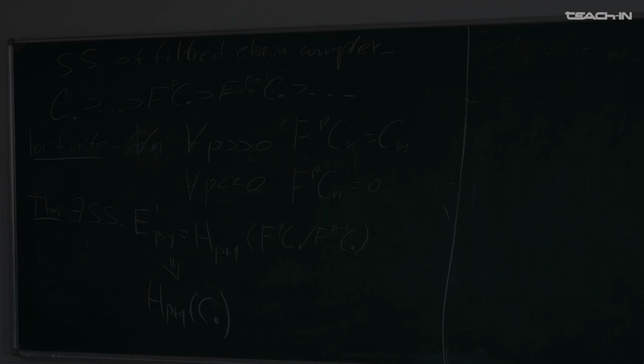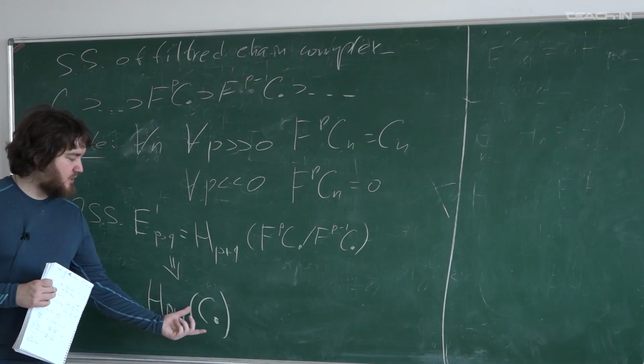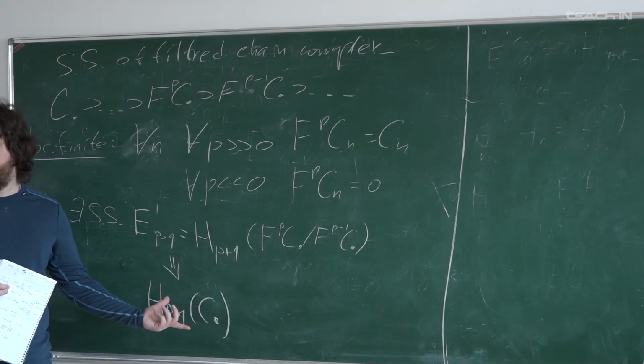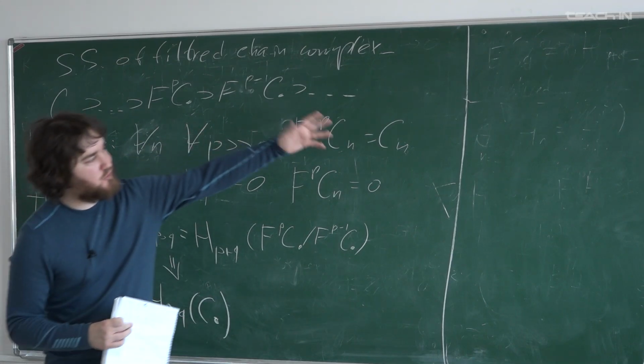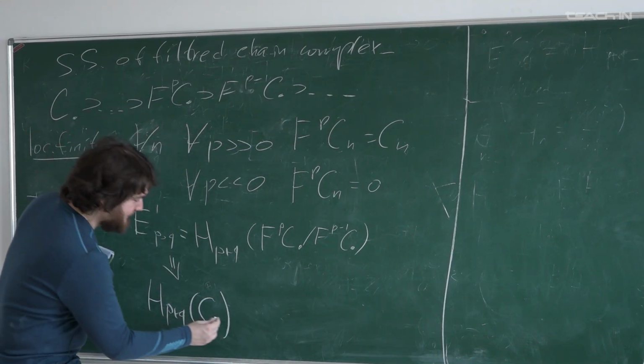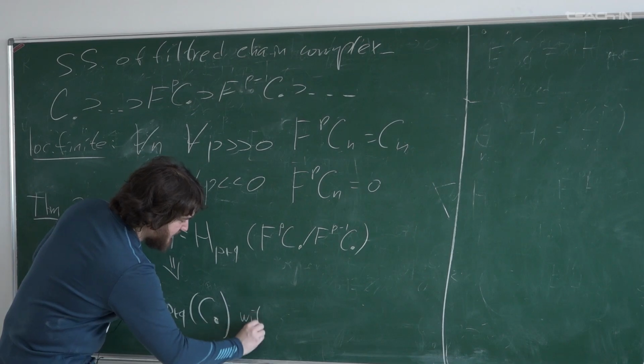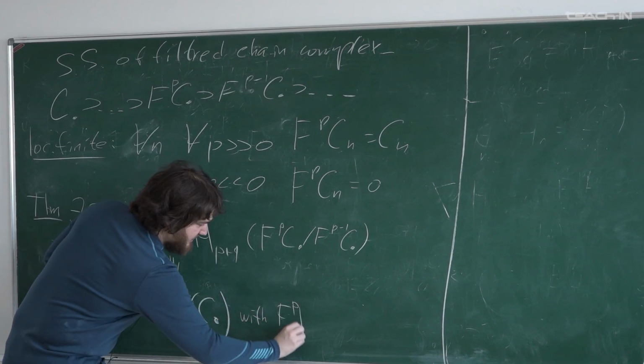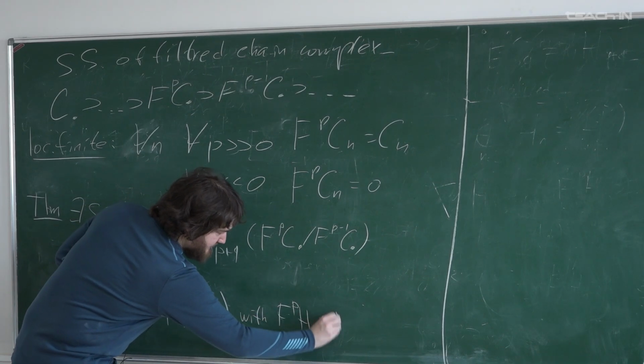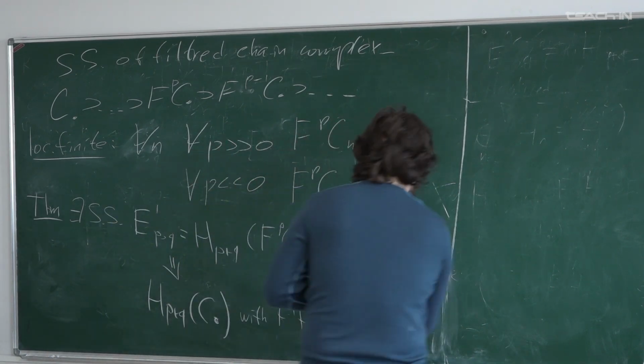Here I need to say what the filtration on the homology of the chain complex is, because to say that it's converged, I need some filtration. The filtration F_p H_n(C) is just the image in homology of the inclusion of the filtration.